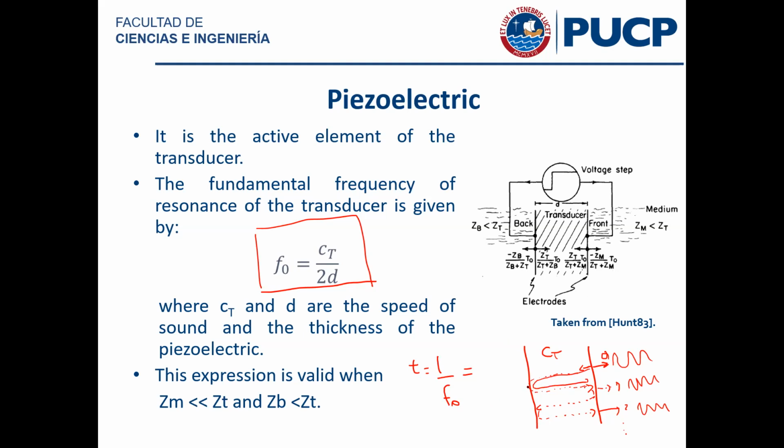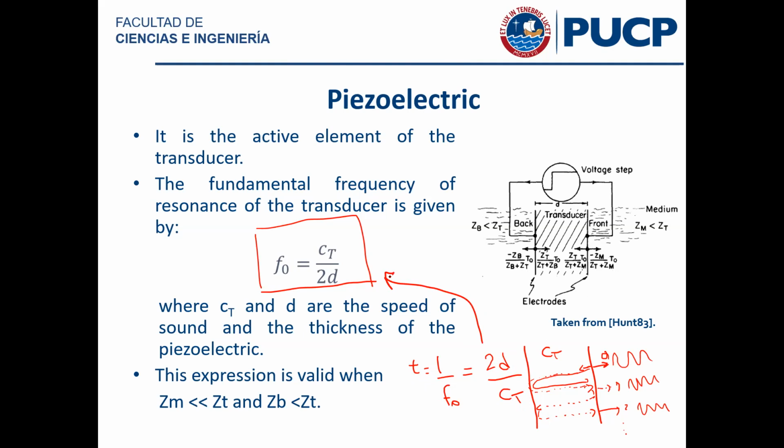That time is equal to 2 times the thickness of the piezo, right? Because it has to go all the way to the back and then all the way to the front. So that's 2 times the thickness divided by the sound speed of the piezo, and that gives you a time, right? It's like time times sound speed is equal to propagation distance. And from here, you can directly bring it home to this, right?